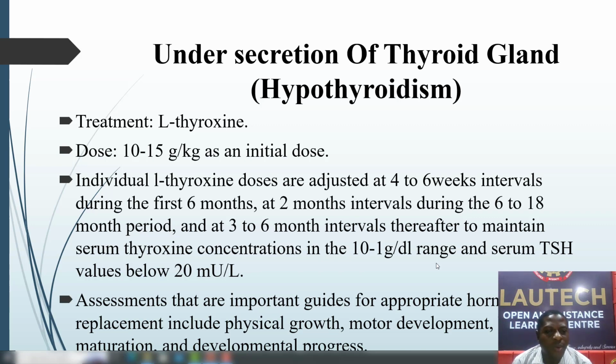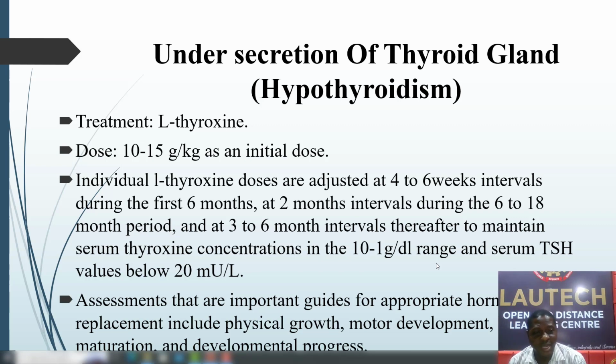Now, I want you to take note of adjusted doses. It's very, very important, especially as it may come in your MCQ talking about the thyroxine in the treatment of cretinism. So take note of that. The assessments that are important guides for appropriate hormone replacement include physical growth, motor development, bone maturation, and developmental progress.